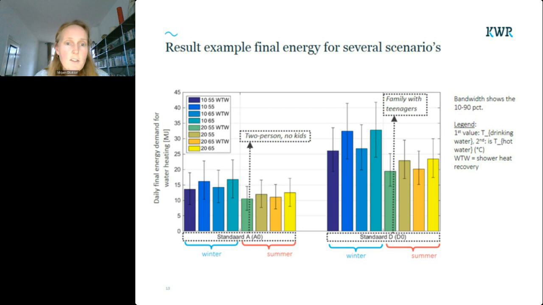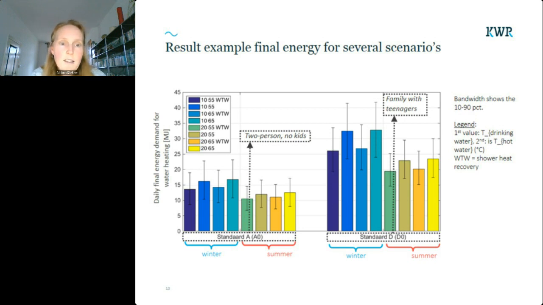And then this WTW is a Dutch abbreviation for the shower heat recovery. And you can see that the bars are the average and the lines around it show the 10th to 90th percentile.